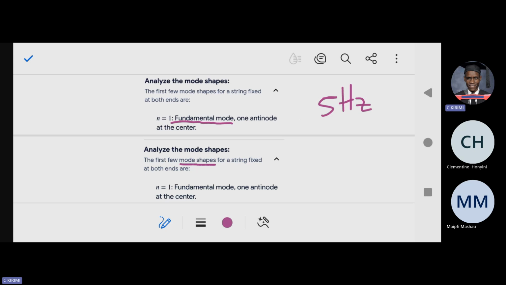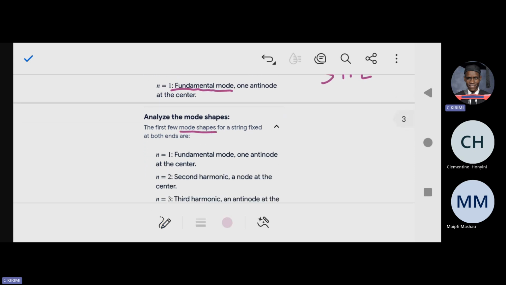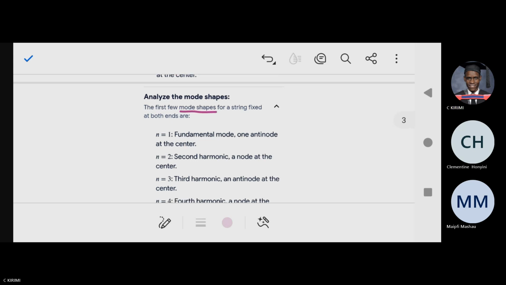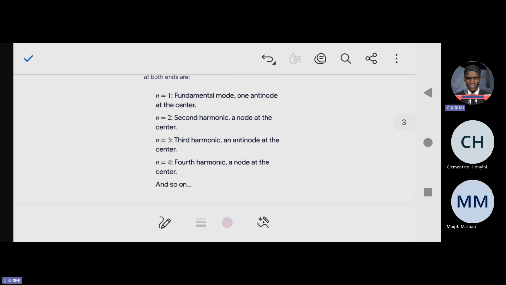When n is equal to 1, it is the fundamental mode, one antinode at the center. The second harmonic has a node at the center. The third harmonic has an antinode at the center. Then n is 4, the fourth harmonic, a node at the center.